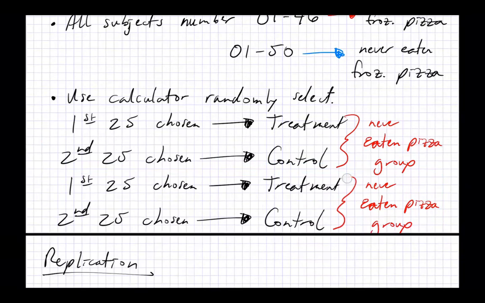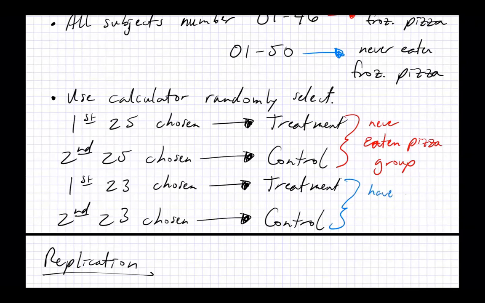This one over here, I'm going to change it, not the first 25, I'm going to say the first 23. And this is going to be the have eaten frozen pizza group.